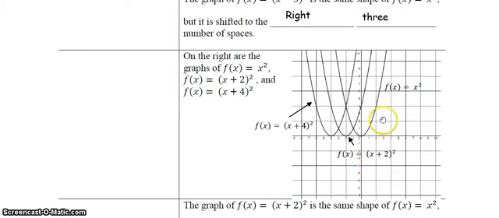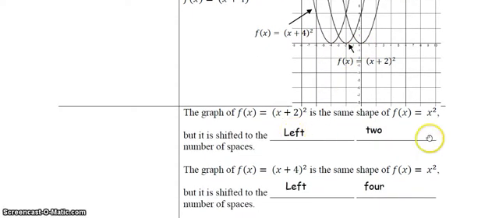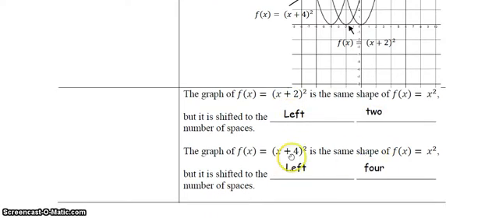Just looking at where the graph becomes, notice the x plus 2 quantity squared is the same graph, just shifted over to negative 2. The x plus 4 quantity squared is shifted over to the left to negative 4. So this was left 2 spaces, left 4 spaces. How did we get left 2 and 4? Negative 2, negative 4.